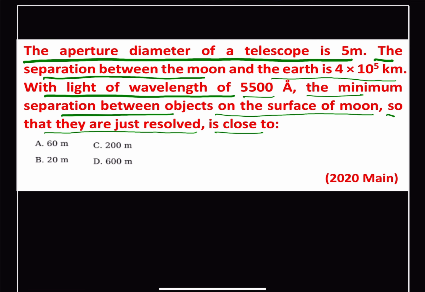So we can just draw an approximate figure for this. We have the minimum separation between the objects on the surface of the moon. Let us suppose there are two objects on the moon, and the distance between these points on the moon is given as S, and we have this as a telescopic lens.